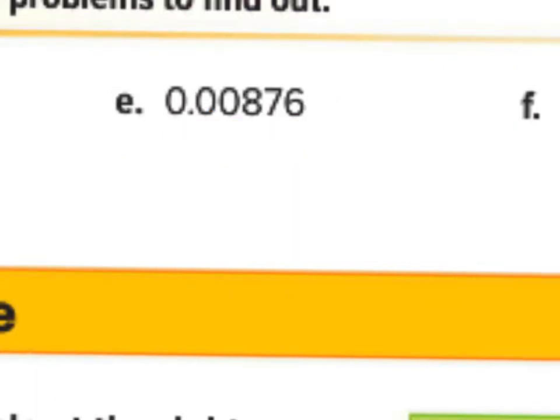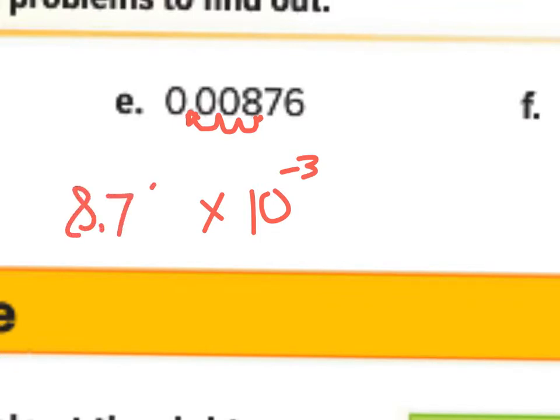Here we have a very small number. And again, the decimal's right here, and it needs to go right there. This time the decimal is going left. 1, 2, 3. Going to -3, right? So we can now multiply 8.76.